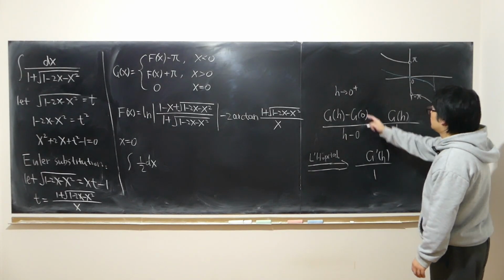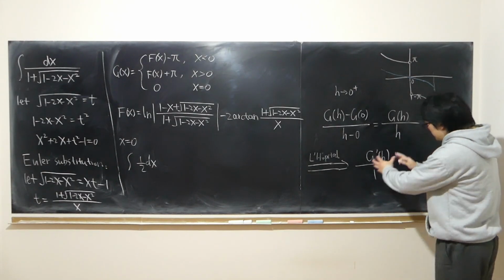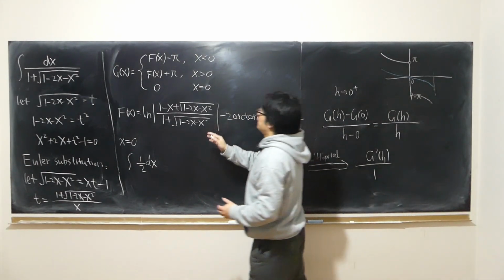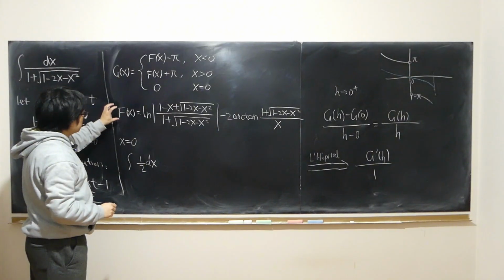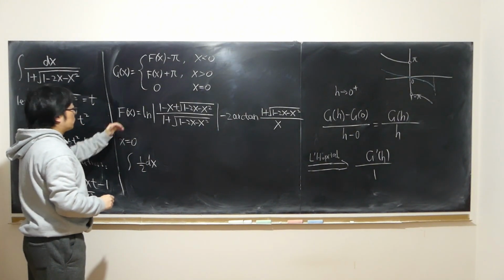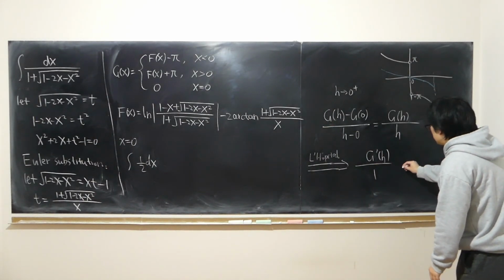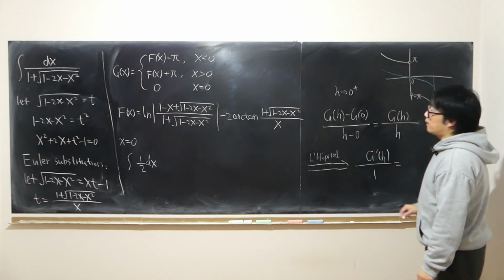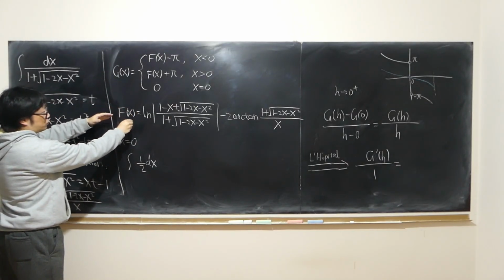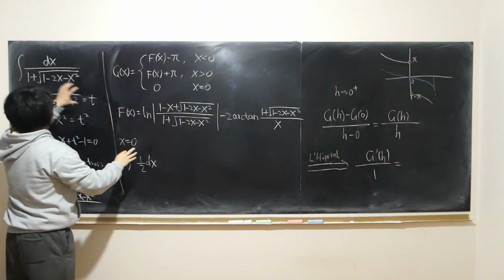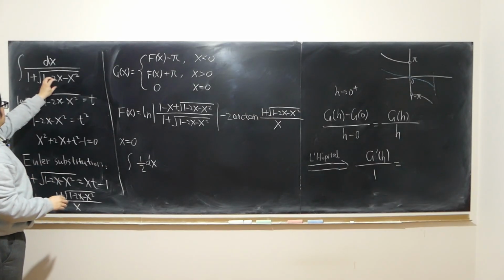But here, h is not equal to 0, just approaching 0 from the right-hand side. So in this case, we can legitimately use g prime of h. We can legitimately use f prime of h. It's totally legitimate. H is not equal to 0. All we have to do is replace x with h. When we say f prime of x, we can say f prime of h, knowing that this is already the derivative of this one when x is not 0. I just replace x with h.